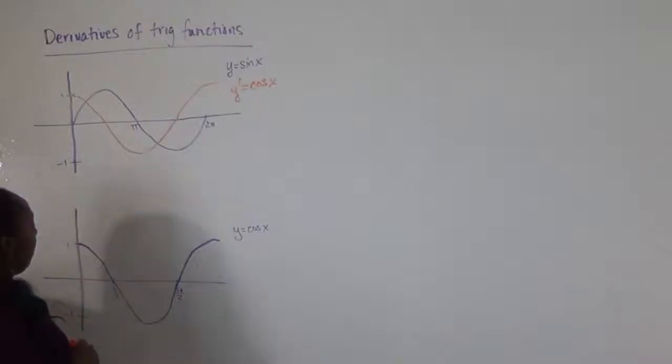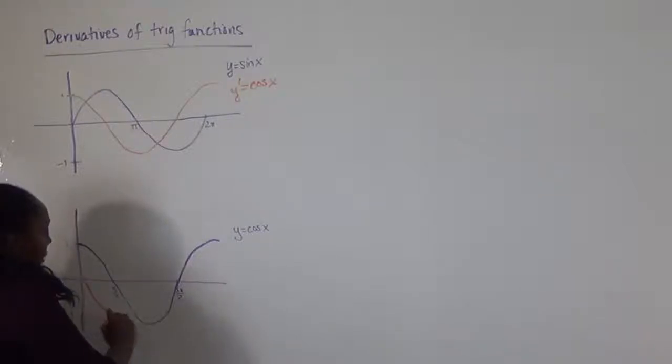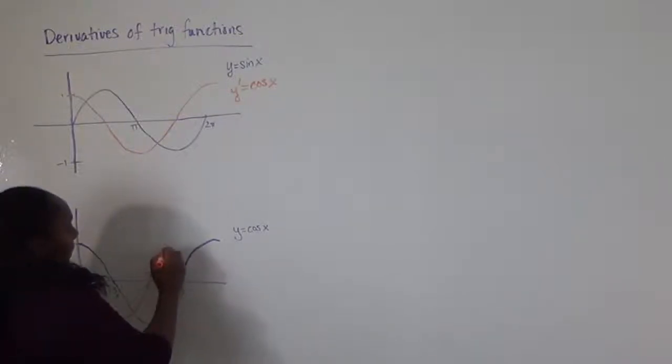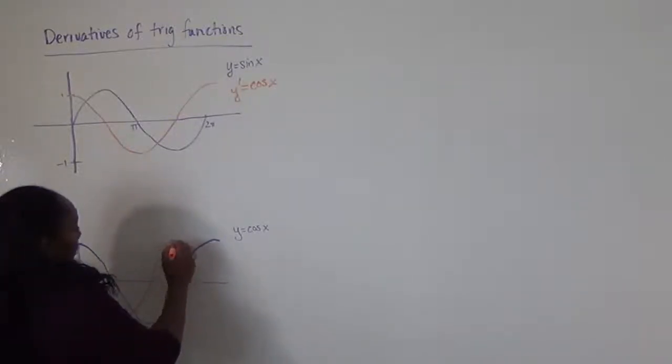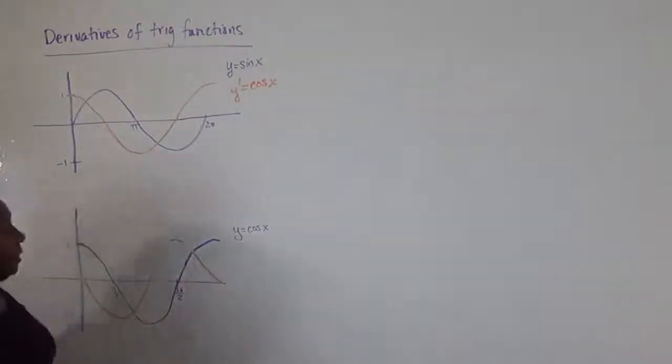Okay? So here, if we're looking at our curve, again, we start at 0. It's going to go negative, reach a low point, come back up, hit 0, and then it starts increasing till we reach some high point, and then slowly becomes less positive to 0.